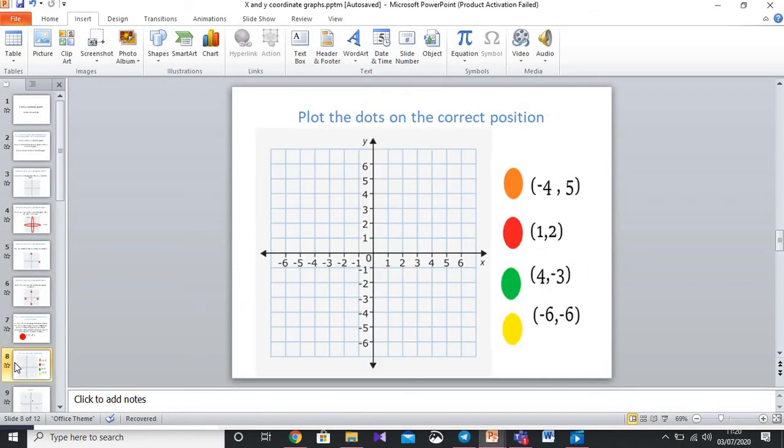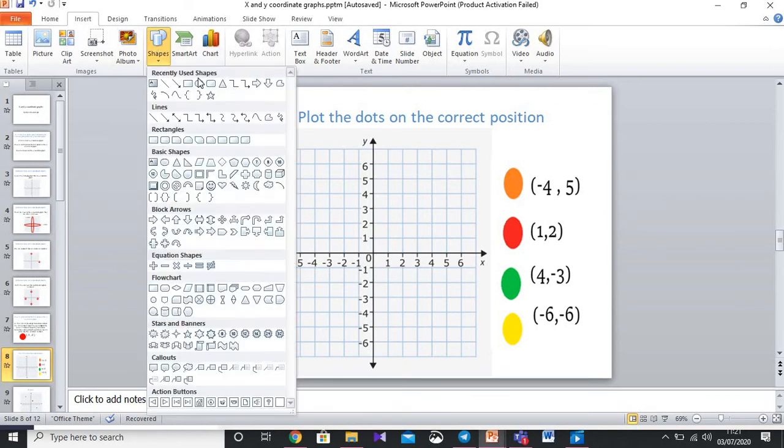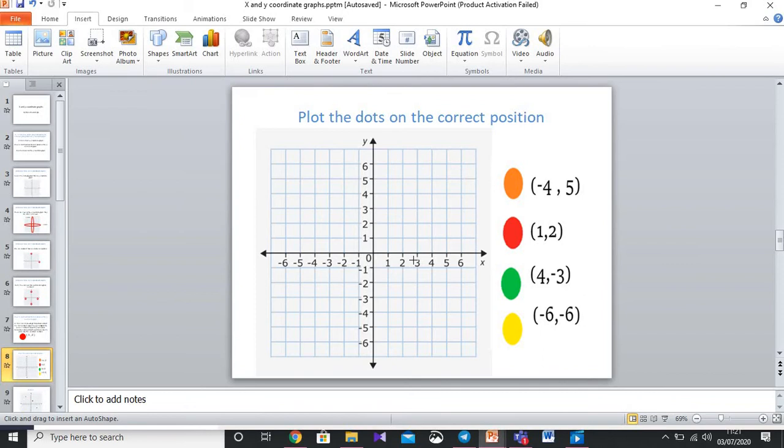Now, let's do a small activity. Plot the dots on the correct position. Okay, so I'm gonna go to my insert and take some shapes and take a circle. Okay, now we'll first start with the red dot since it's a bit simple. Now, if you can see my cursor, wait a minute. Okay. Now can you see my cursor? Okay.